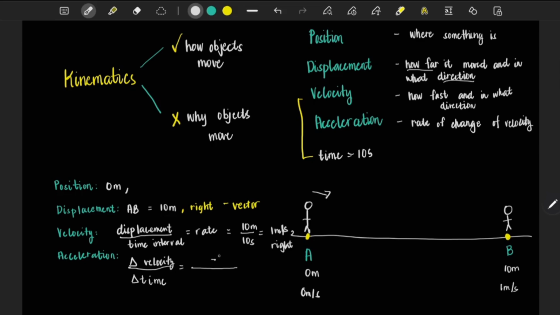The initial value is 0 meters per second subtracted from 1 meter per second, divided by, let's say again, the time interval of 10 seconds. So that is 10 seconds minus 0 seconds. And that would be 1 meter per second over 10.